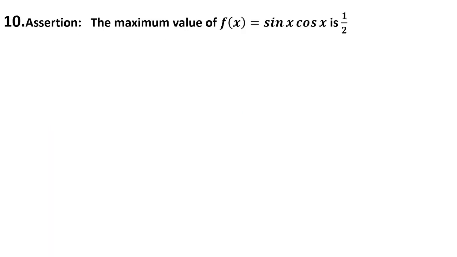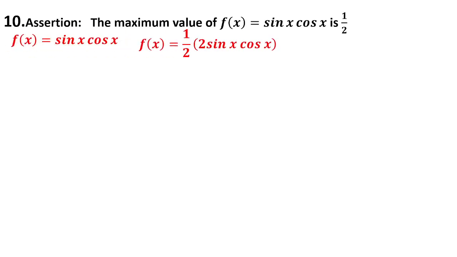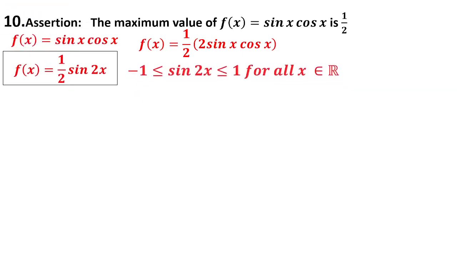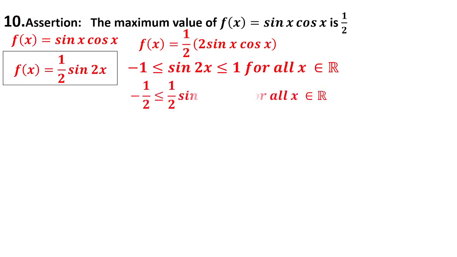The assertion given is that the maximum value of f of x equals sin x cos x is half. I am finding f of x, and f of x is half sin 2x, and sin 2x lies between minus 1 and 1. Therefore, half sin 2x lies between minus half and half.